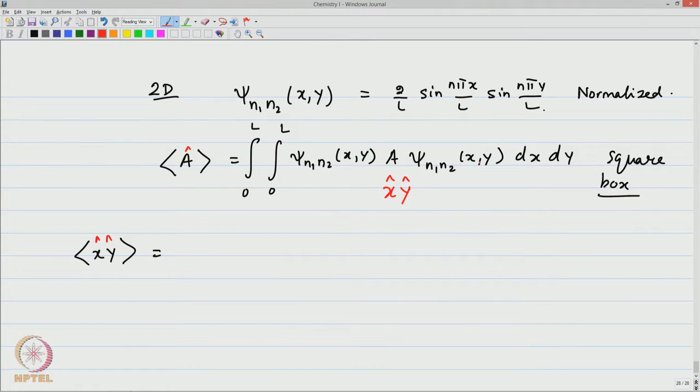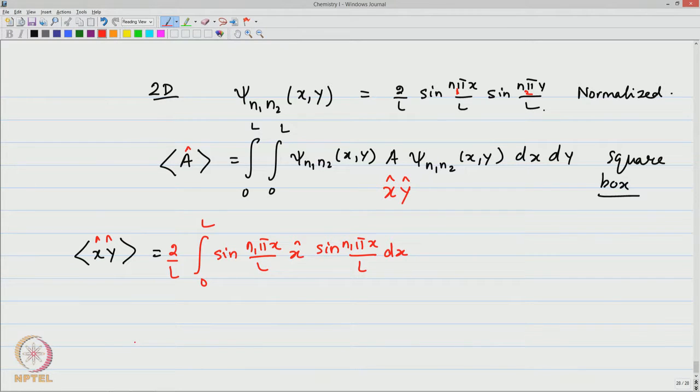Therefore, the integral separates out into two integrals, namely 0 to L, keeping 2 by L outside, sin n pi x by L. I should say this is n1 and this is n2. So, sin n1 pi x by L, the x operator times sin n1 pi x by L dx.